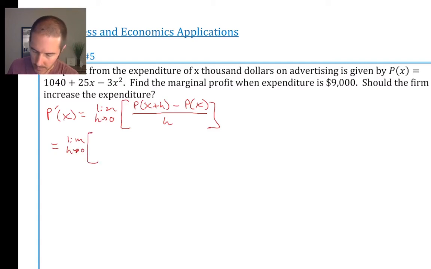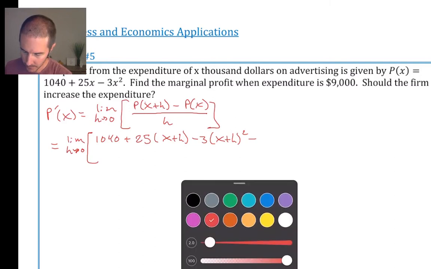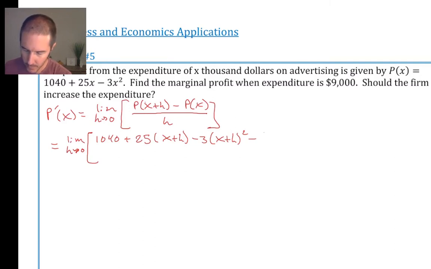So I'm again plugging x plus h into my function. We have the original 1040 plus 25 times our new x value of x plus h minus 3 times the x plus h quantity squared, and then we have to subtract the entirety of the original function, which, very important here, put in parentheses.